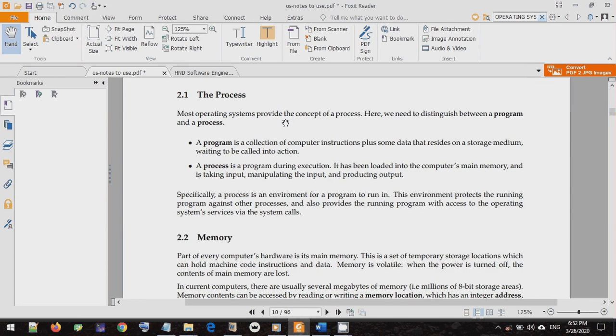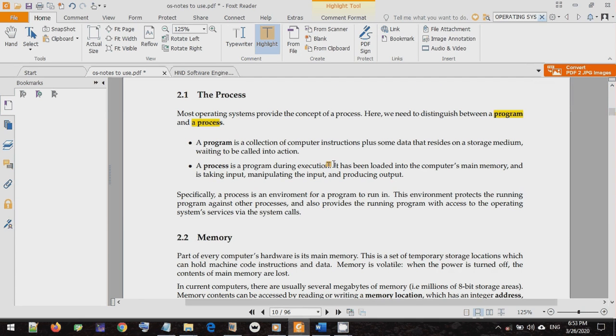There are several system resources that are being provided by each operating system, but there are some common resources that all operating systems provide. Now let us look at some of these resources. Let us start with the process. Before we look at what the process is, it's important that we distinguish between process and a program.